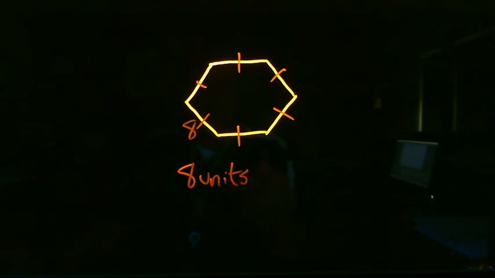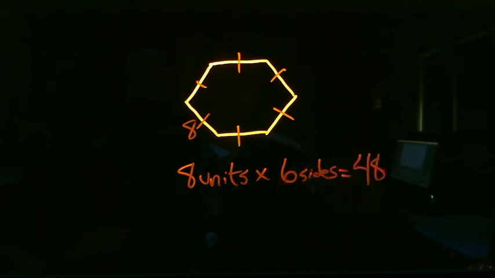Okay, so 8 is what that side is equal to, and this mark right here means that they all have the same length. Okay, so what do we have? Well, we have 8 units times how many sides? 1, 2, 3, 4, 5, 6 sides, which would give us 48 units for the perimeter.